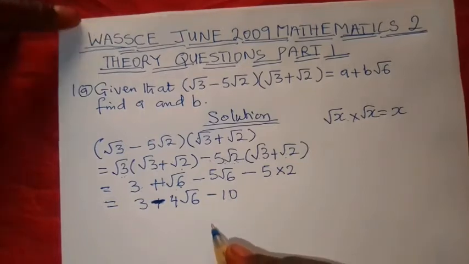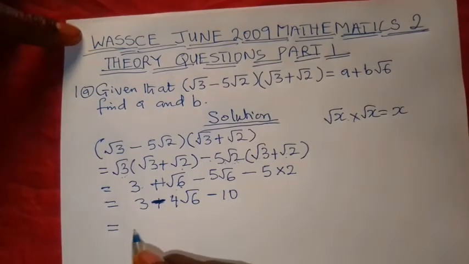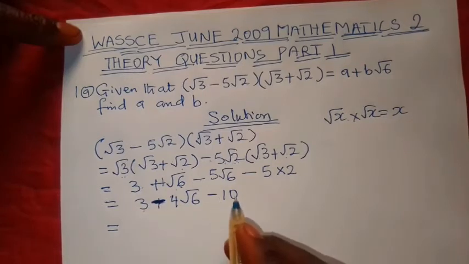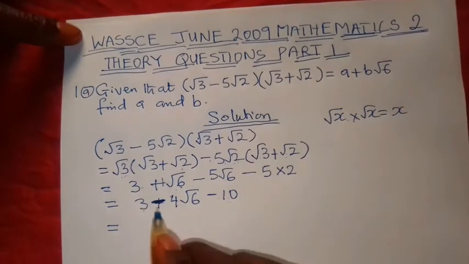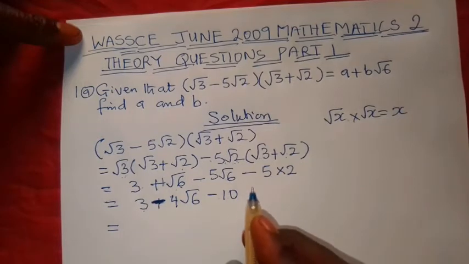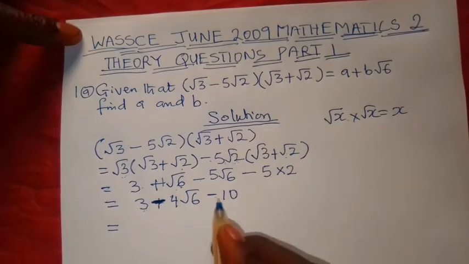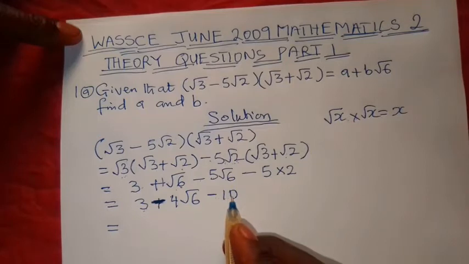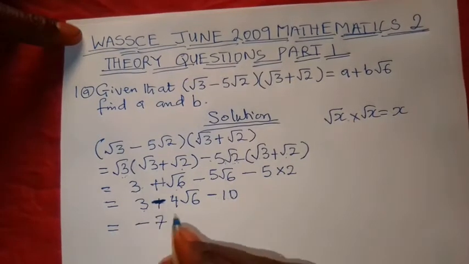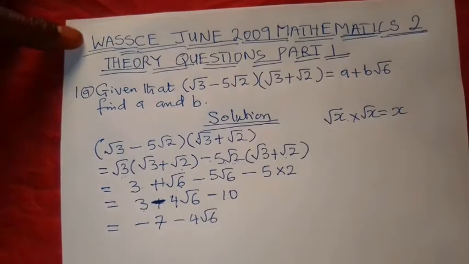Now the next thing we do in the next step is to observe that here we have 3 and here we have minus 10. We are going to simplify these two values because they do not have a root sign. So 3 minus 10 will give us minus 7. We'll write it out as minus 7, and over here we have minus 4√6.